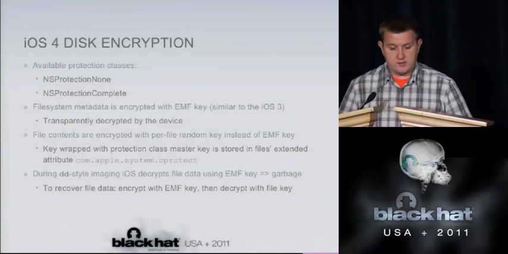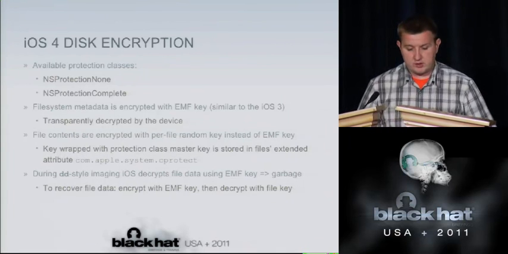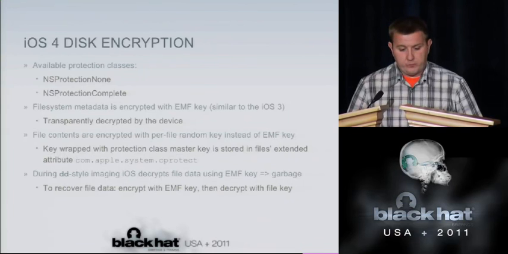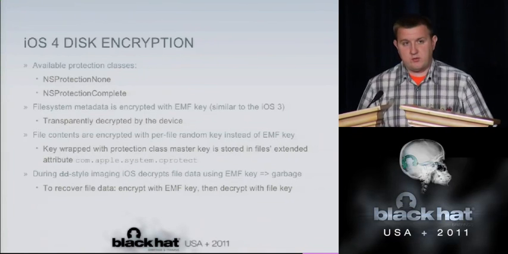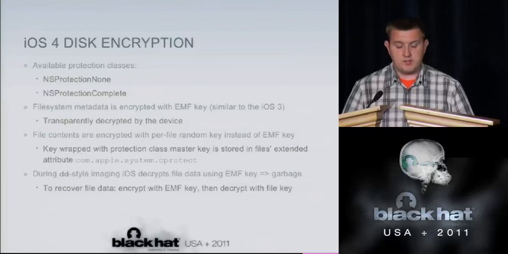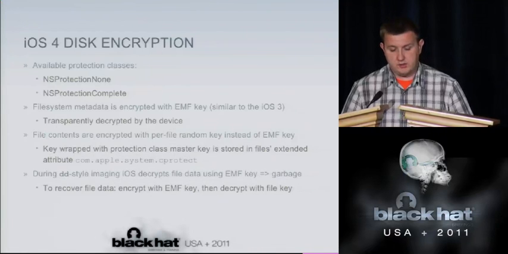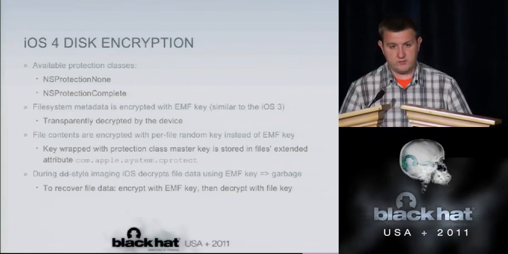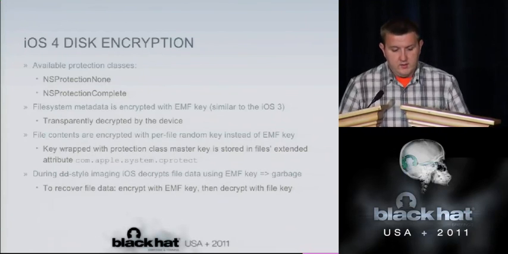File system metadata and files without any protection class are encrypted using the whitening key. Each file is encrypted with a random, unique key, and this key is then protected with the content protection key, and this protected key is stored in the extended attribute of that file.